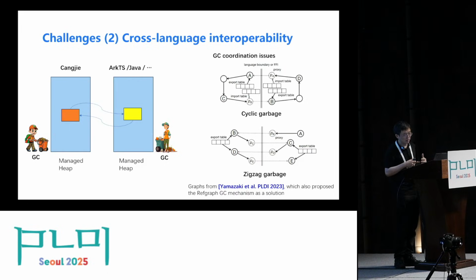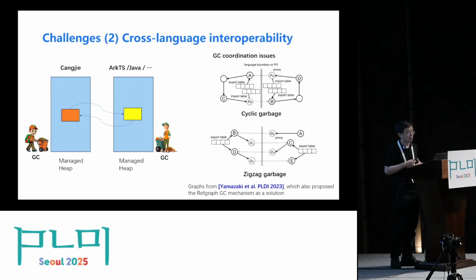Then there's this nice PLDI paper that pointed out that we may have several issues. Actually, these issues also show up in real programs in our projects. One of the problems is that the objects may form cycles across both sides of the languages. Then the garbage collectors may not be able to collect all these cyclic nodes.